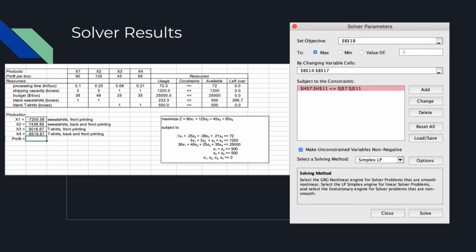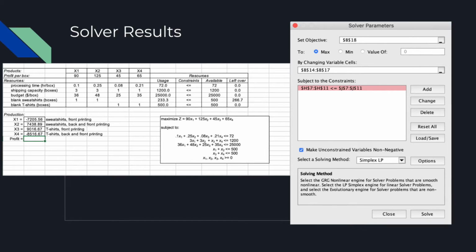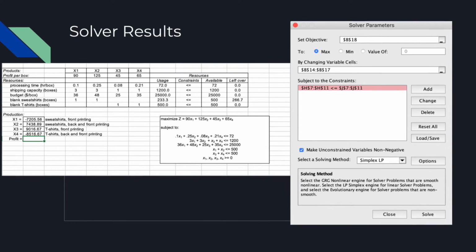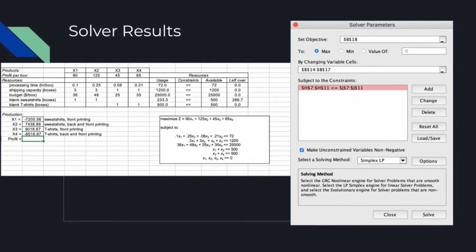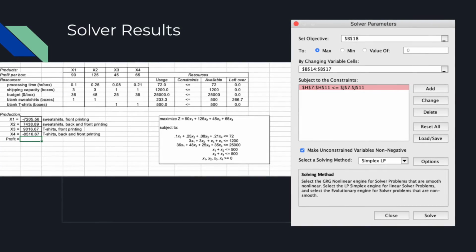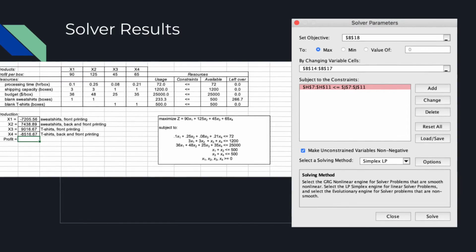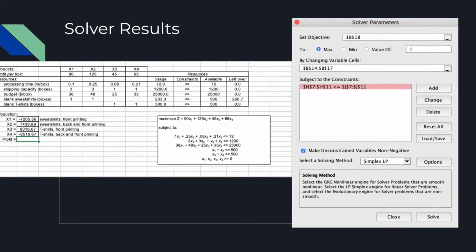On the left here, you can see this is our product mix that we have in this Excel document. On the bottom right, you can see all these constraints that are laid out. Down on the bottom left, you can see X1, X2, X3, X4. That is what is maximized in solver.